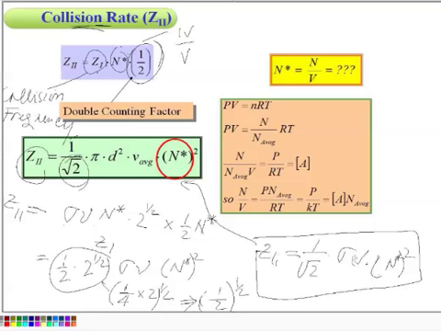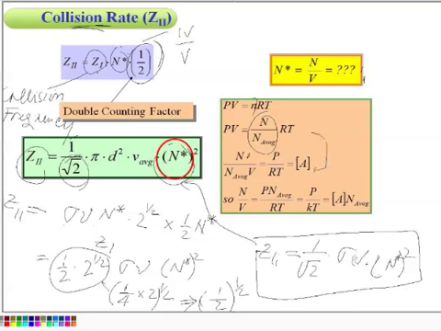So we know already the collision rate, but what is N here equal to? We know that in the ideal case we have this, and N is just equal to this. We just rearrange the equation, then we get this.